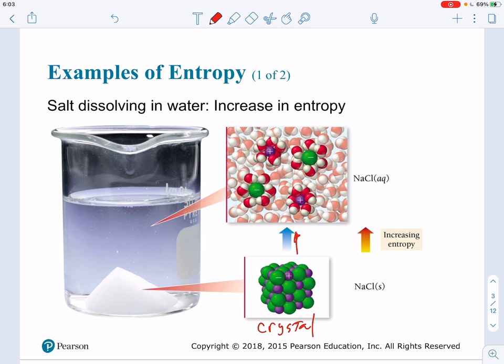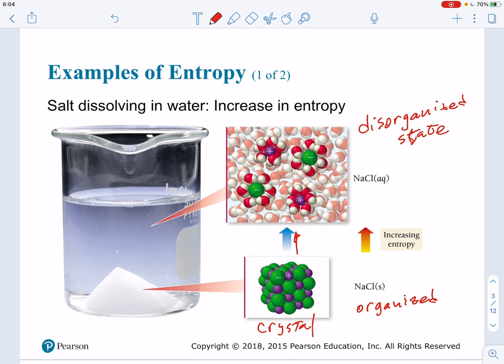Chaotic from the point of view of comparing a perfect crystal with now all those ions scattered through the solution. So this is a more disorganized state. Okay, so disorganized state versus organized.